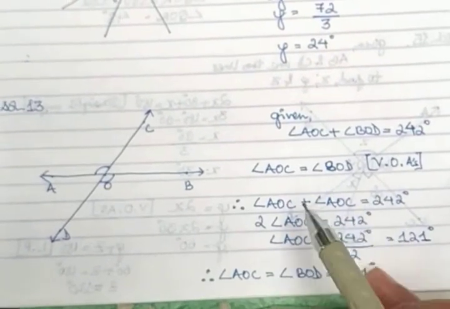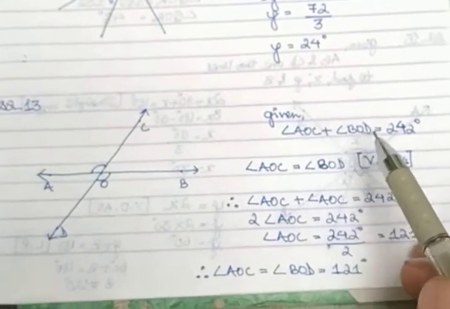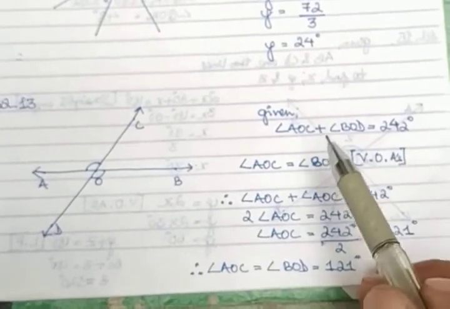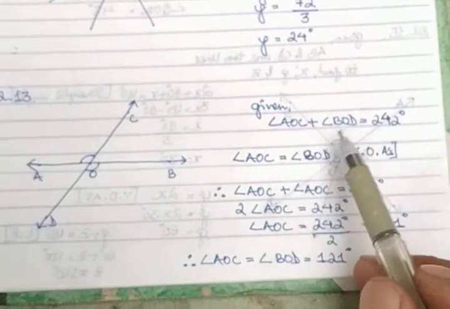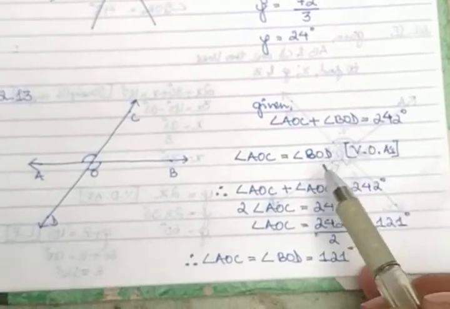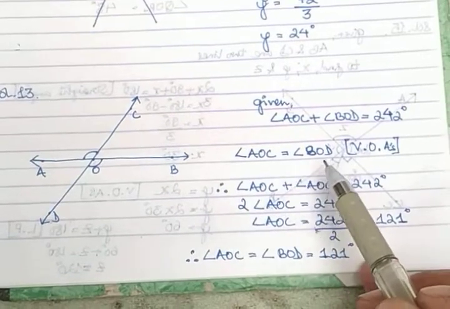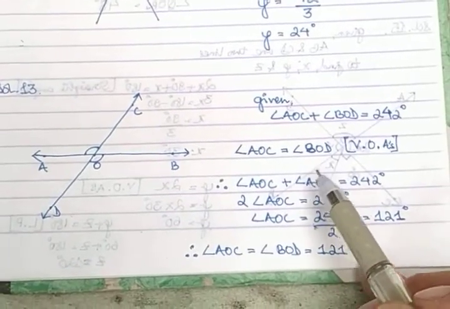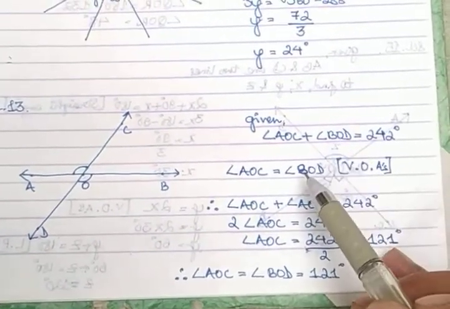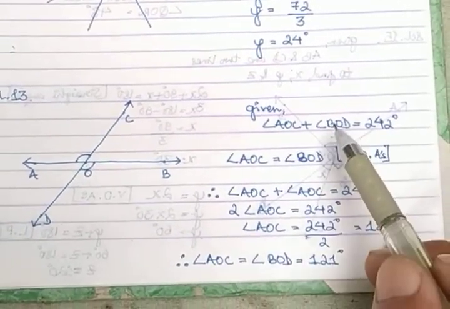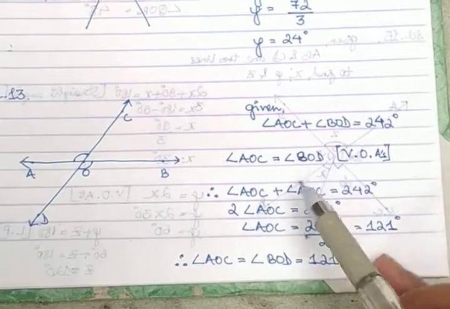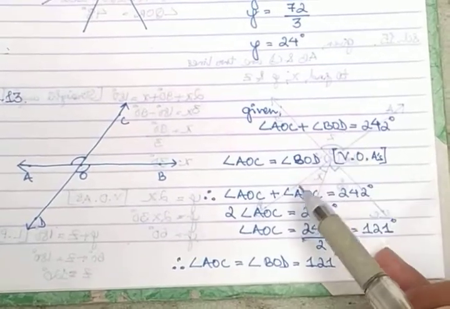Now, in the same question, see, I have substituted, in place of BOD, AOC, because we know that BOD equals AOC because of vertically opposite angles, isn't it? In this equation, I have substituted BOD with AOC. That's what I can do, because these two angles are equal.